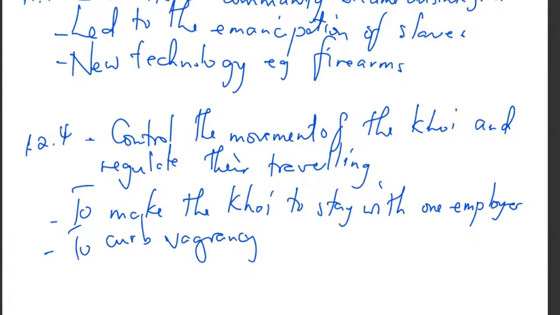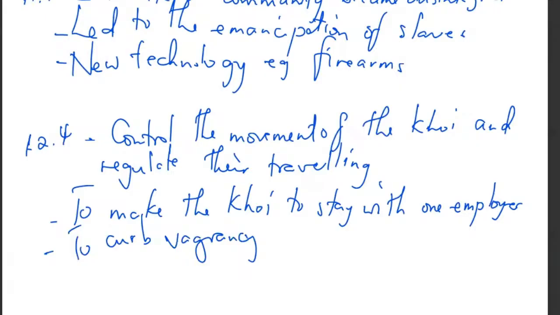So as a way of controlling vagrants, they would be given the passes at the end of their contracts, which meant that if they didn't have a pass or if the contract hadn't lapsed, they would not go anywhere. And that was going to control the movement of the Khoi, the vagrancy, which was now happening where the Khoi were now wandering around.